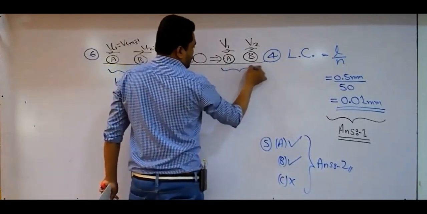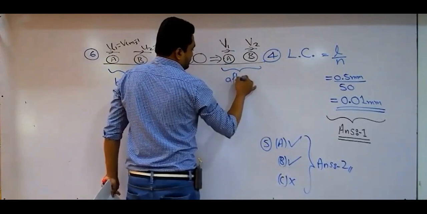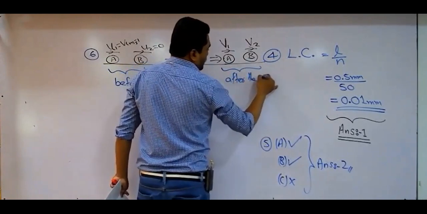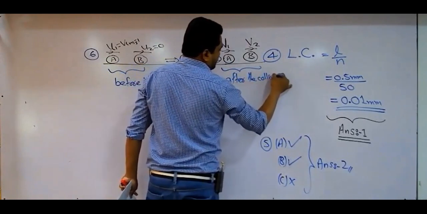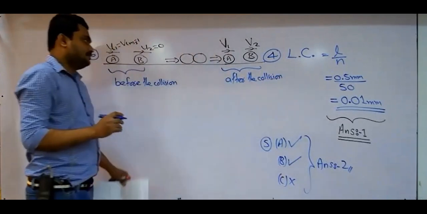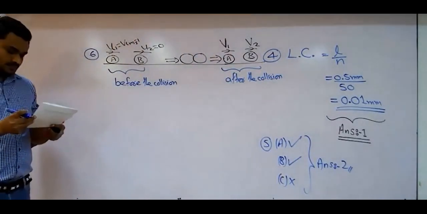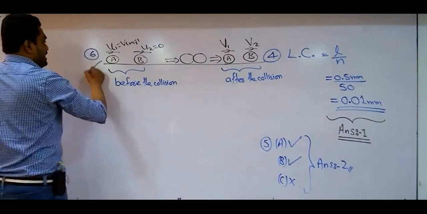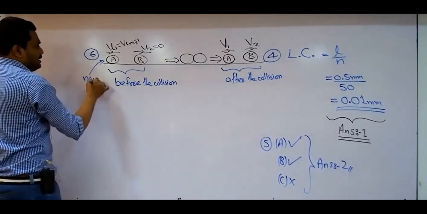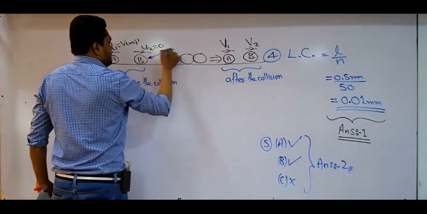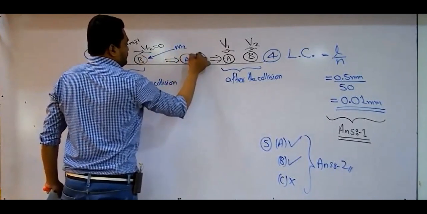This is the situation after the collision. Mass of A is M1, mass of B is M2.